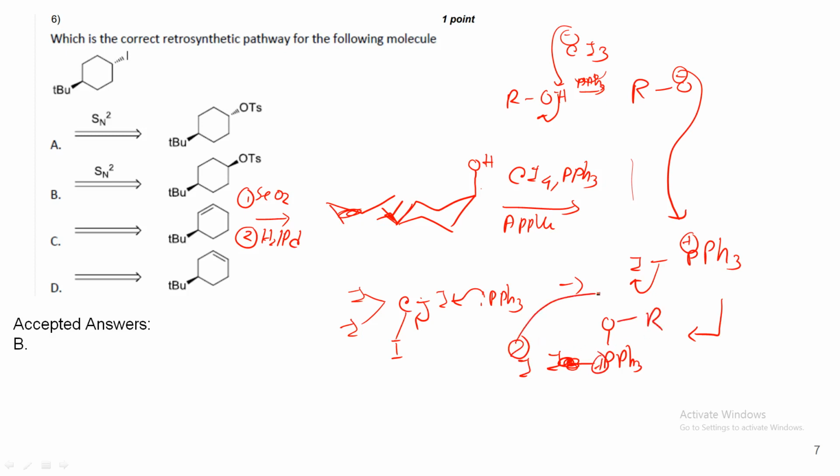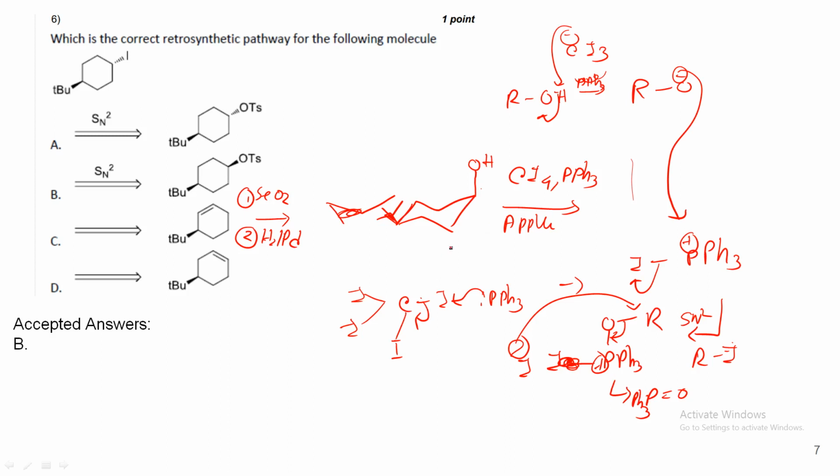Now I minus would attack one of the carbon atoms. It would break the carbon oxygen bond and phosphine oxide would be the byproduct that you would be forming, followed by this RI. And it is always an SN2, which actually suits us.